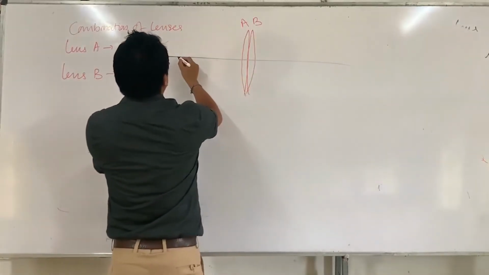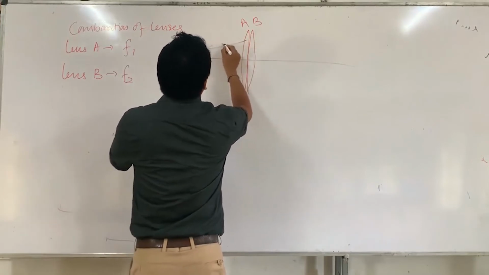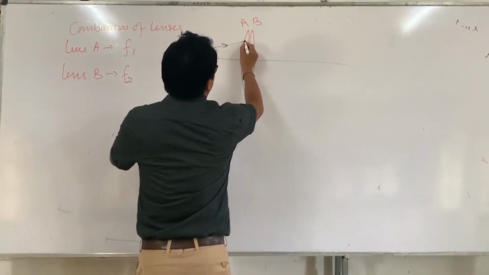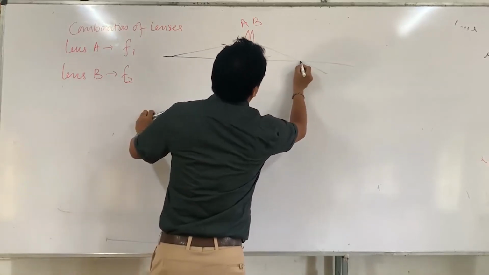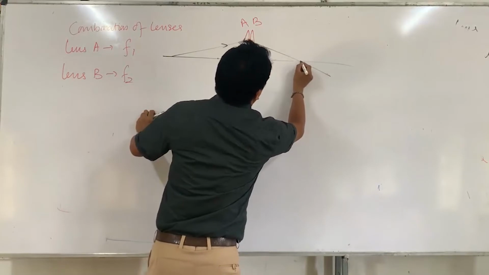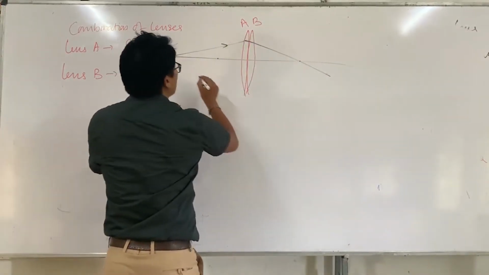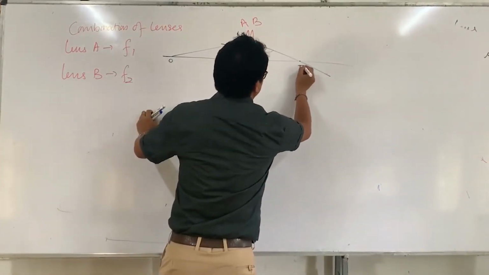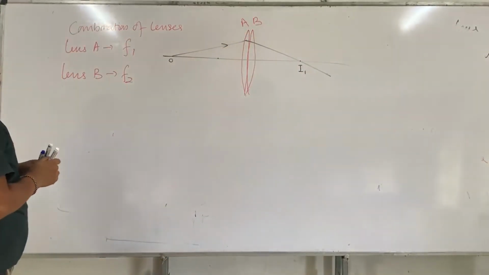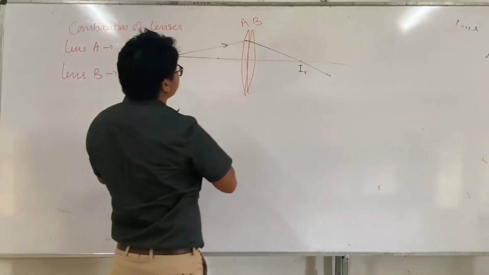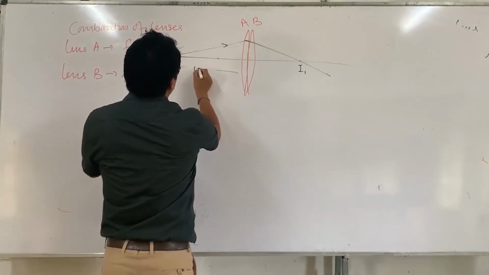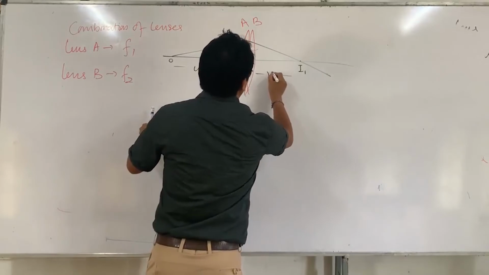Now this is the principal axis. Alright, this is an object O, and then this converges. Let's say this is I1. Now look here. This is going to be V, U. This is going to be V1.